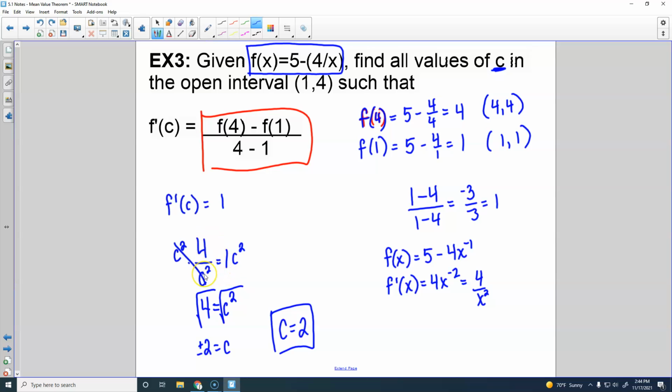And since the c is in the bottom, it'd be 4 over c squared. If you want to use the x instead, that's okay. I changed it to a c just because they say c in the problem, and then you just solve.